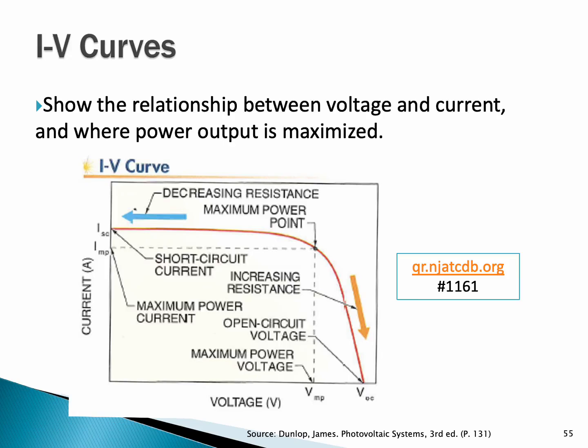If I draw a line up from VMP to a curve and IMP over to the curve, this is called the maximum power point, at this point right here. That is the sweet spot, or maximum amount of power my module will put out under ideal conditions.